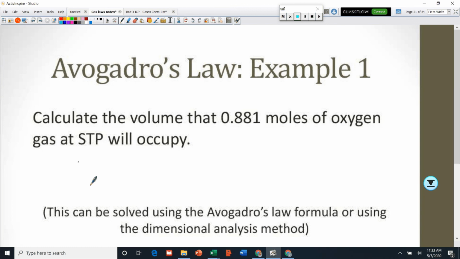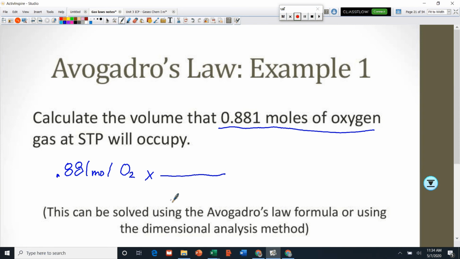All right. So if we were to ask the question, what volume would 0.881 moles of oxygen gas occupy at STP? So if we have 0.881 mole of O2, we want to know what volume it will occupy.